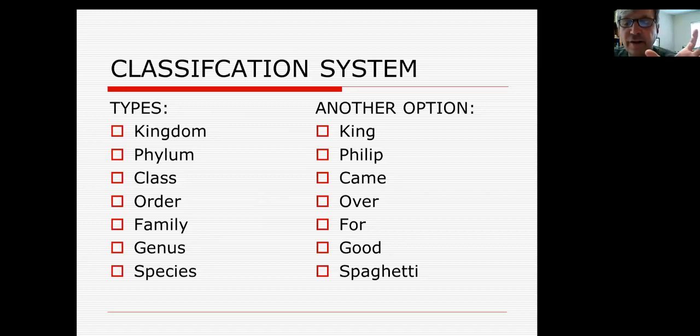So you're going to have different genera within a family. So that family of Lamiaceae, or the mint family, you're going to have different genera in there, because that's where coleus fall, that's where salvias fall, that's where most of our herbs are in that family.